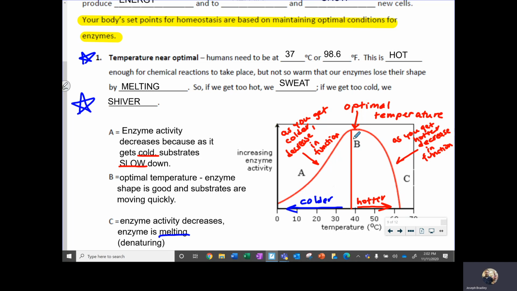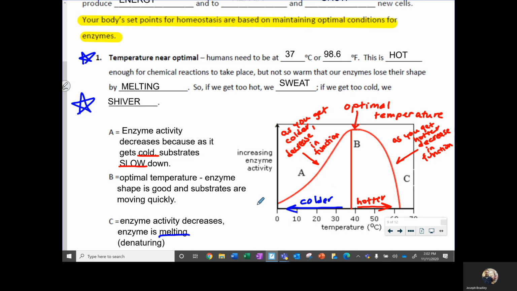But when you're at this optimal temperature, you'll have good shape to your enzyme, and your molecules are moving around quicker. What happens as you get hotter is, although the molecules are moving around quicker, the bonds that hold the enzymes together start to break up, and that is called denaturing.